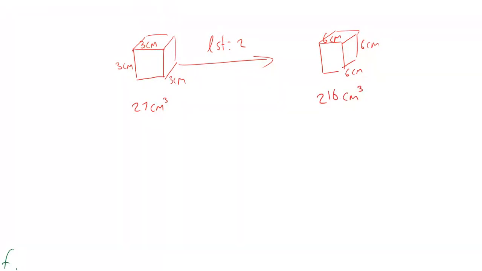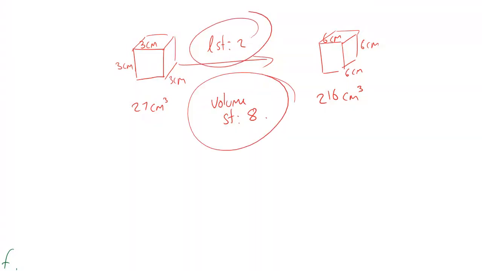So now if I do 216 divided by 27, I'm going to have that volume scale factor. And the volume scale factor is 8. So is there a relationship between the linear scale factor and the volume scale factor? Well, yes, there is. If we call the linear scale factor L, then L cubed is going to be the volume scale factor.